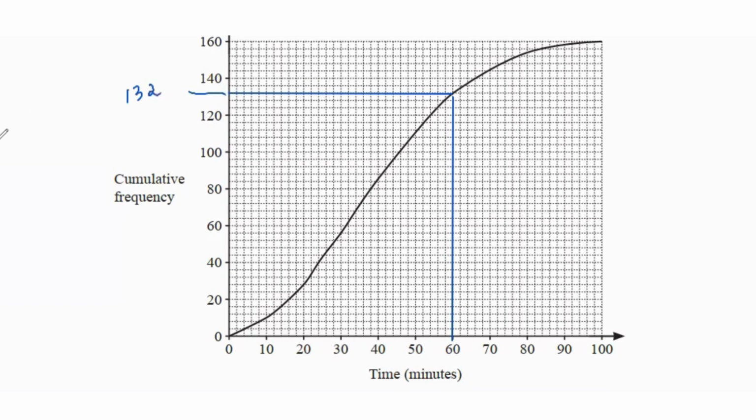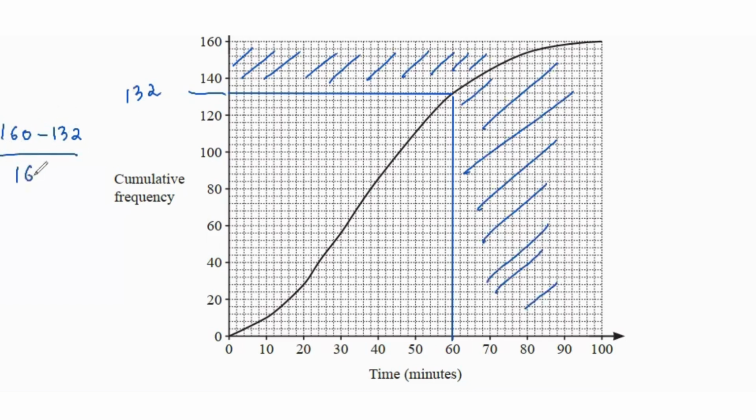So for percentage of people who took longer than 1 hour or like 60 minutes, we're going to do 160 minus 132. Why? Because we're trying to find these people who took longer than 60, not less than 60. So we subtract 132 from 160 and divide that by 160 and times 100 because we're trying to find a percentage. That's going to equal 17.5%.